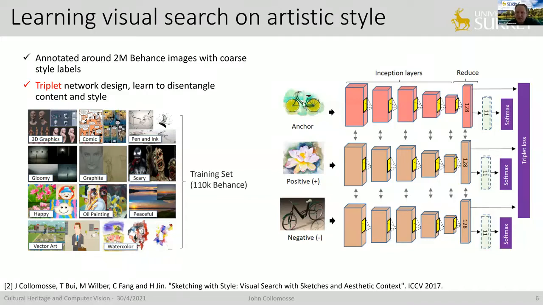So for example, we showed the network a watercolor bike, and we would show it a watercolor something else, like a watercolor flower. But at the same time, we'd show it a bike in a different style that wasn't watercolor. And the network would learn to tell the difference between similar styles and similar content in this way. And this enabled us to build a visual search system based on style.